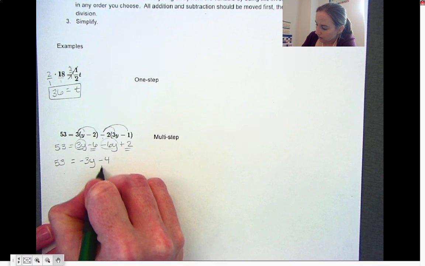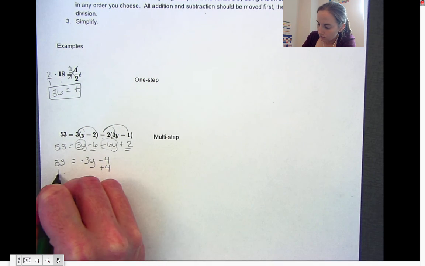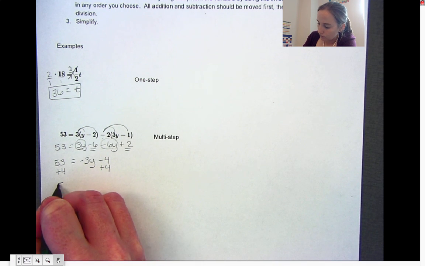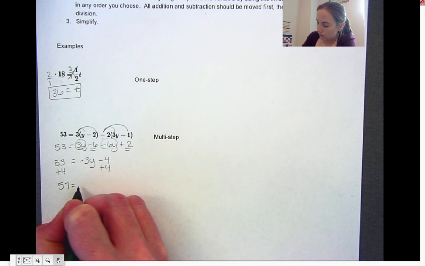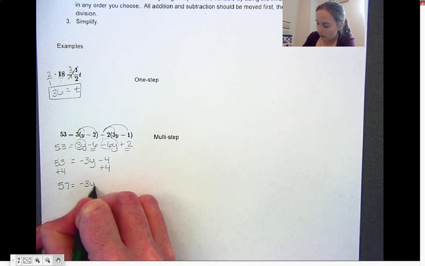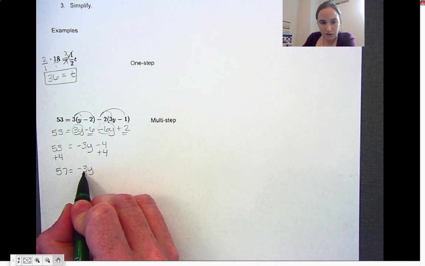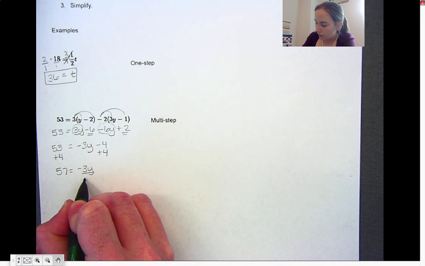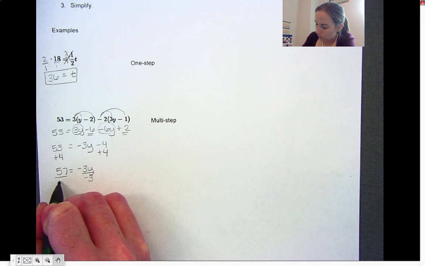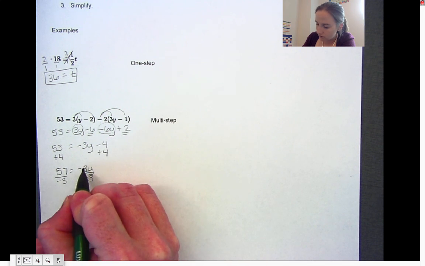Okay, so I'm going to add 4 to both sides, and I'll have 57 equals negative 3y. Now negative 3y, that means negative 3 times y, so we divide by negative 3. Divide by negative 3 on both sides.